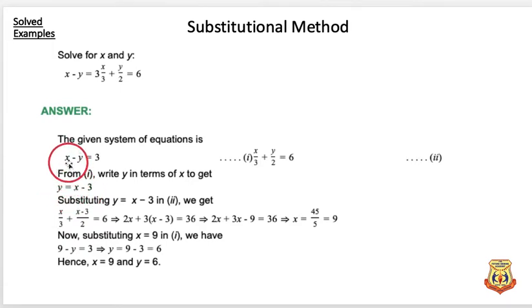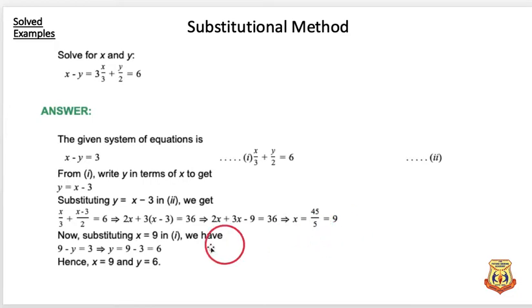Simply send the x this side, and then the y value is x minus 3. This value we will put into equation 2, in place of y. We'll put it and we'll get the value of x is equal to 9.